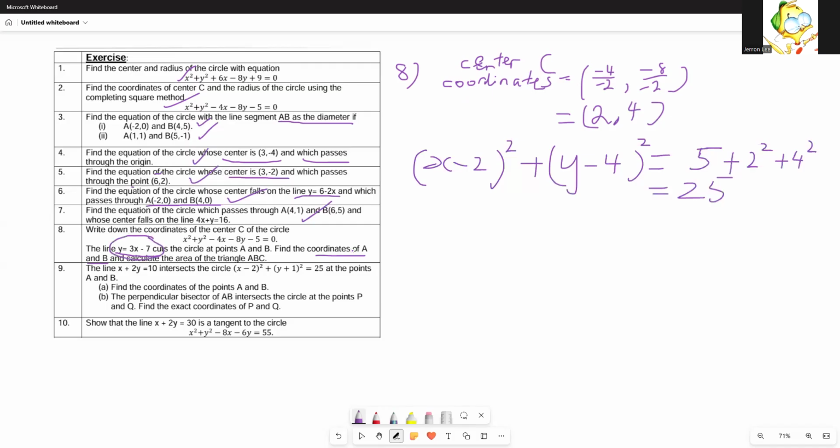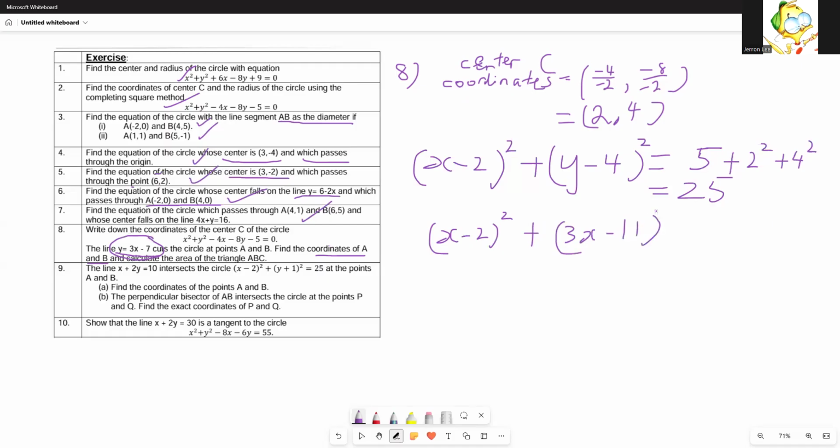But you need to have this formula out first because I want you to use this intersection. Okay, because y is equal to 3x minus 7. So what is it that I'm saying here? Have a look at it. (x minus 2) squared, and then of course plus, now you will change this over here. So it's actually 3x minus 7, right? So it's going to be (3x minus 7 minus 4, which is minus 11) squared.